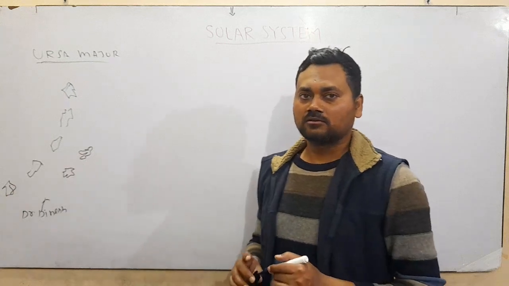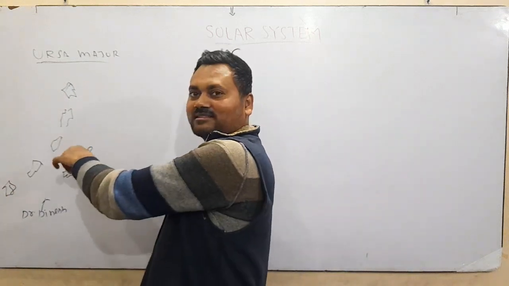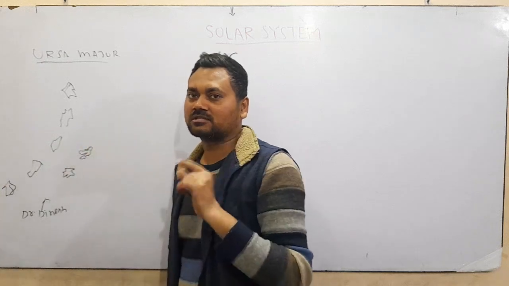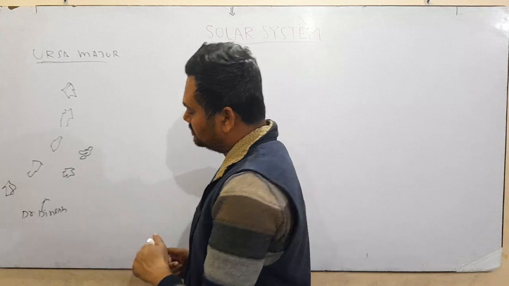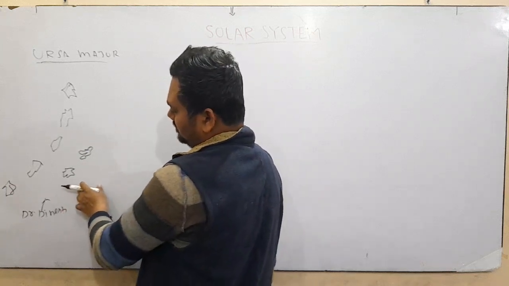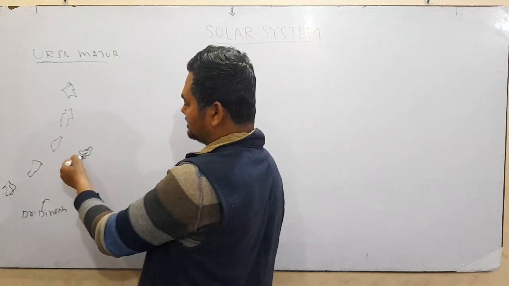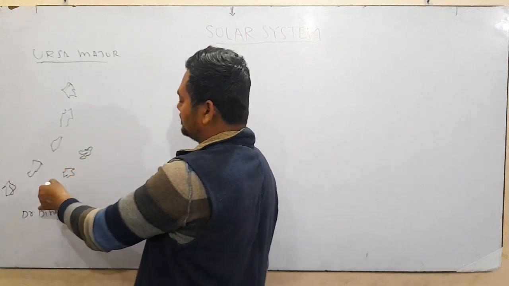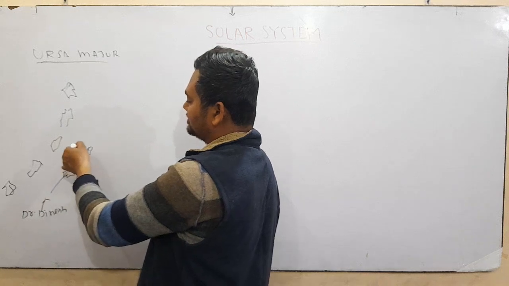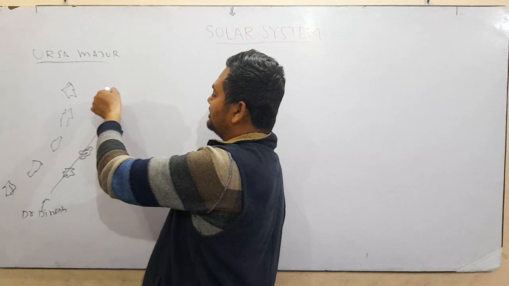As I have told you, this is always visible in the north direction. What happens if you draw a line connecting these 2 stars, and you keep extending the line in a straight manner?